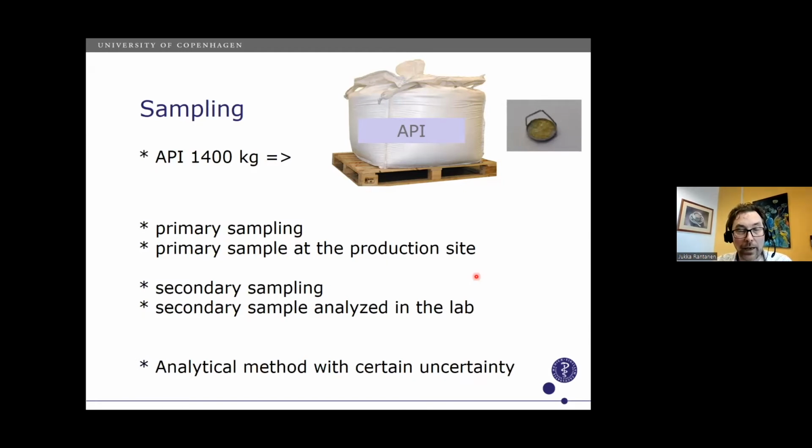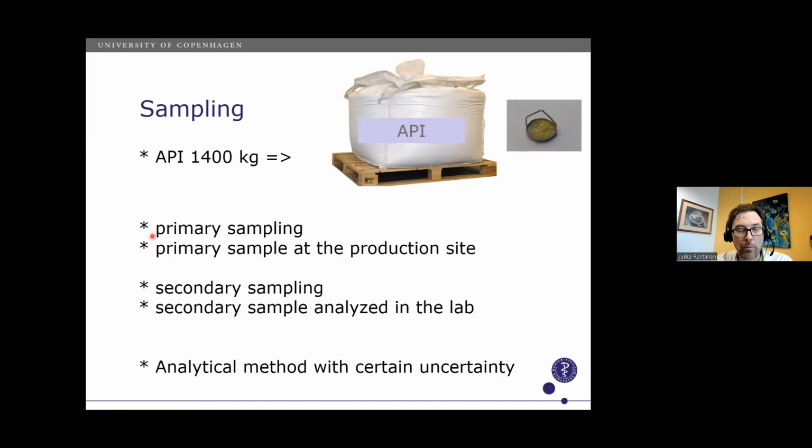Many times it's important to remember that if your analytical method gives you very precise results, with parts of a percent and so on, you always have to include in the error all possible sources of error. And this starts by thinking about the primary sampling of your material.